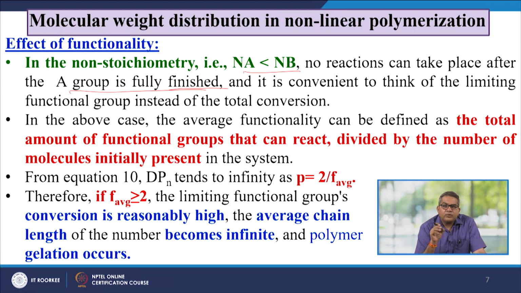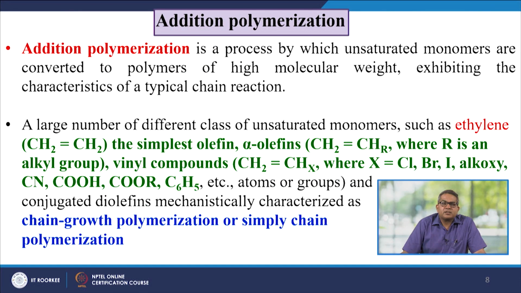Now, from this equation, the Pn, which we have already discussed in the previous lecture, tends to infinity as P is equal to 2 over F average. Therefore, if this F average is greater than or equal to 2, the conversion of the limiting functional groups is reasonably high, the number average chain length becomes infinite, and polymer gelation occurs.